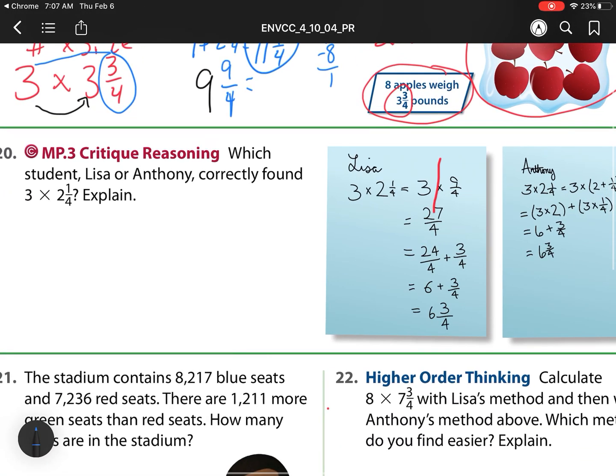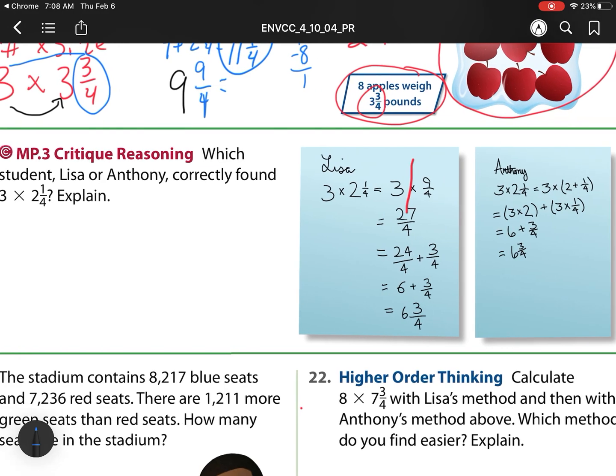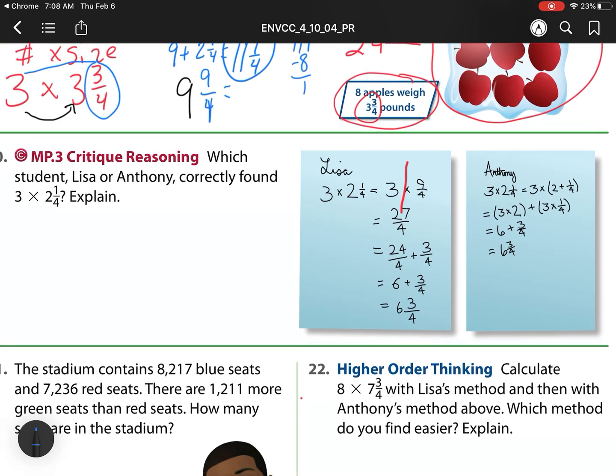Which student, Lisa or Anthony, correctly found 3 times 2 1/4, and explain? Well, first, let's see what we have. And then we see they both have the answer of 6 3/4. So since it's telling us only one had it, though, we need to see if there's a mistake anywhere. So here, let's see what we have for this part.